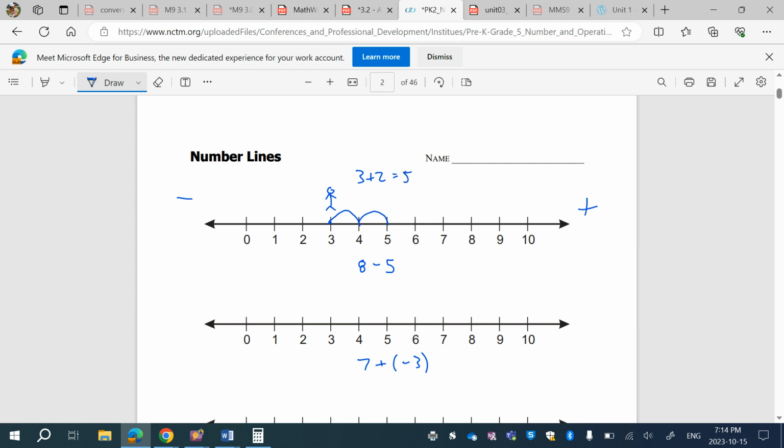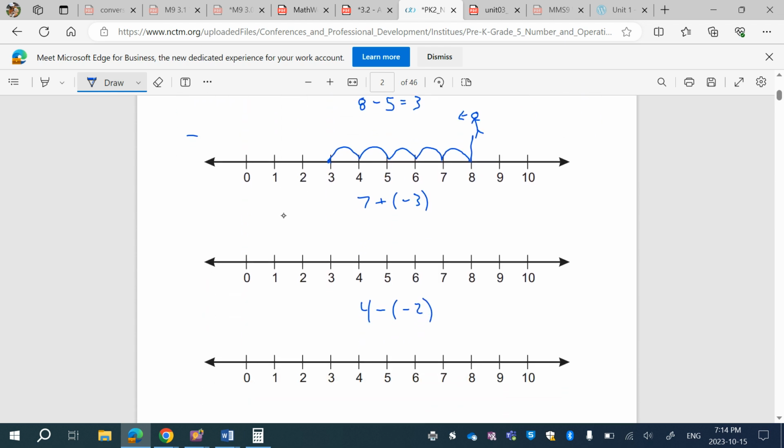Here we've got our little person right here. They're subtracting, so they're going to be looking towards the negative. But the number 5 is positive, so they're going to be walking forward 1, 2, 3, 4, 5. And so they ended up at 3. 8 subtract 5 is 3. That makes sense.